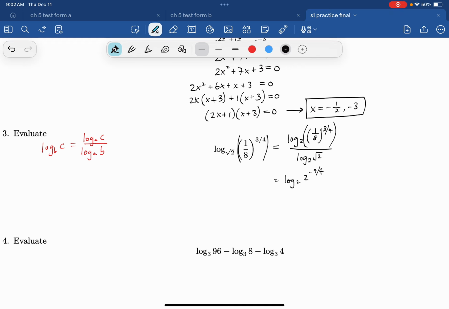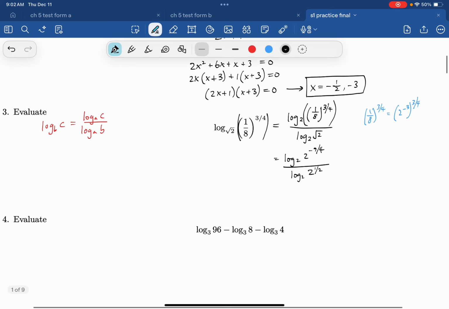Okay, why is that? That's because 1/8 to the 3/4 equals 2 to the power of -3 to the 3/4, right? Because 1/8 is 2 to the -3, and so -3 times 3/4 is -9/4. That's how we got 9/4 there. And then the bottom is just equal to log base 2 of 2 to the power of half, because the square root is a power of 1/2.